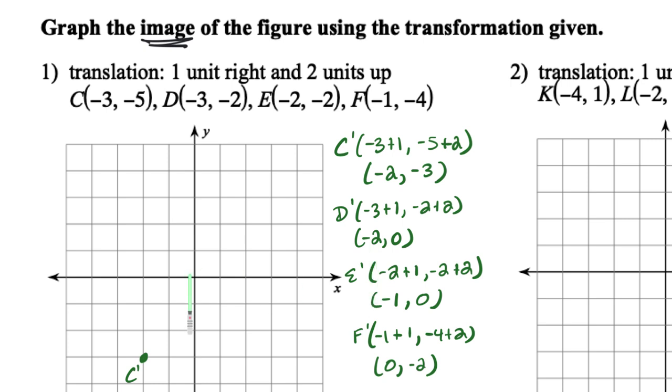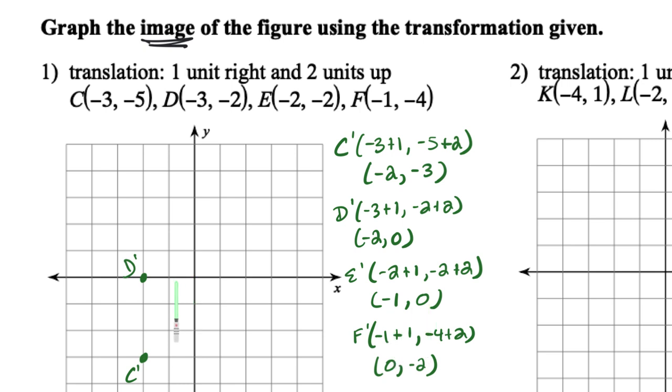Then D prime, I should be going from here. I'm going 1 and 2, and then there's 0, so there's no movement on X. So it's this point right here. This is D prime. E prime is going to go -1, 0.